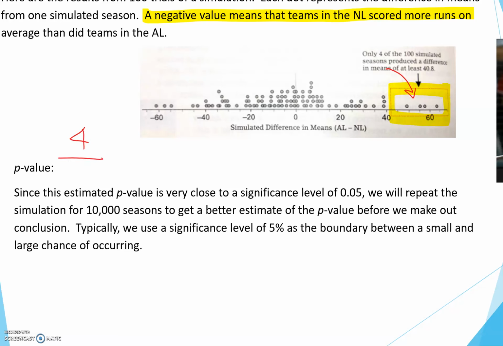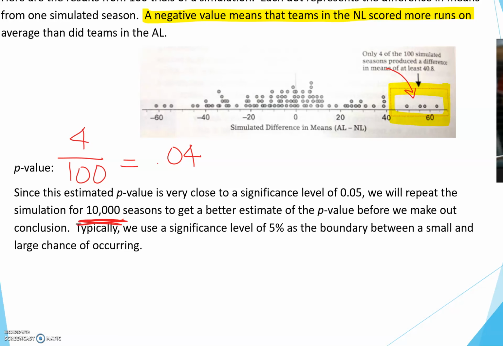So 4 out of 100, that's our p-value, 0.04. Because this is very close to 0.05, we're going to repeat our simulation for 10,000 seasons. Don't worry, I won't ever make y'all do that.